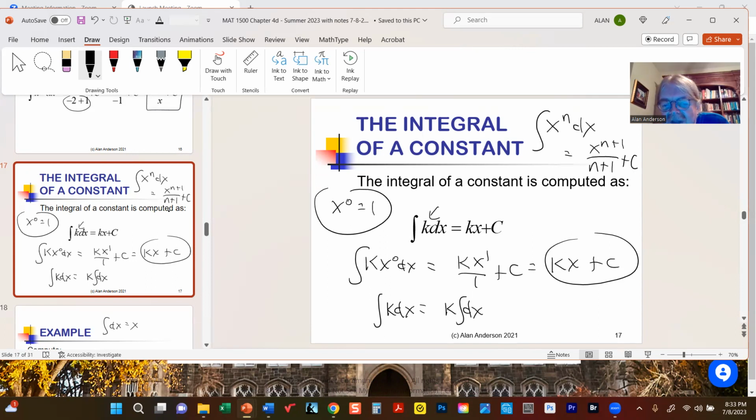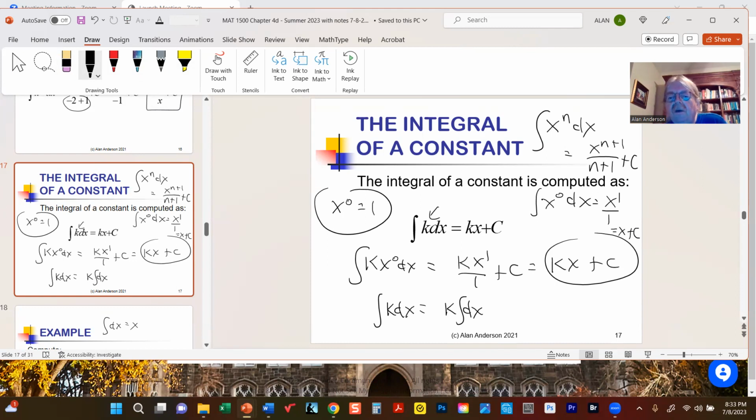And if x had a 0 exponent in the first place, you'll end up with x to the 1 over 1, which is just x. And so that's what we have here. But because of this constant, we end up not with x, but kx.